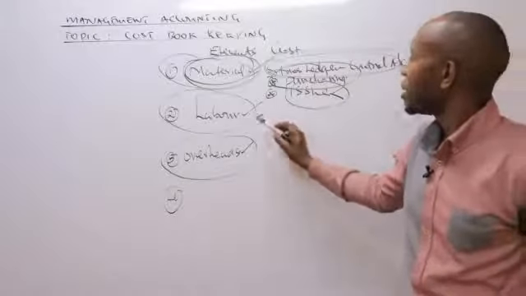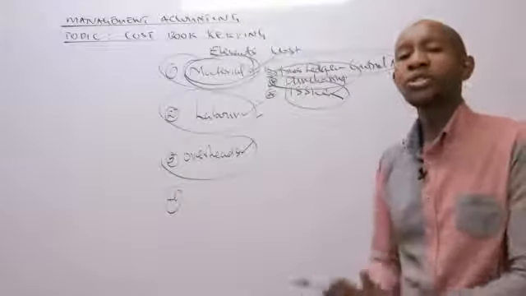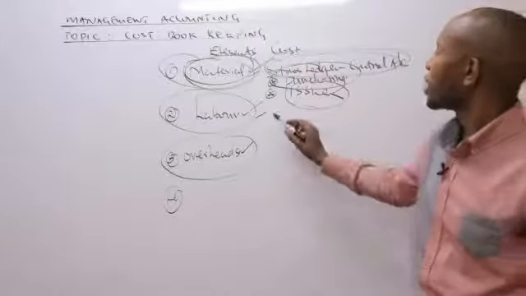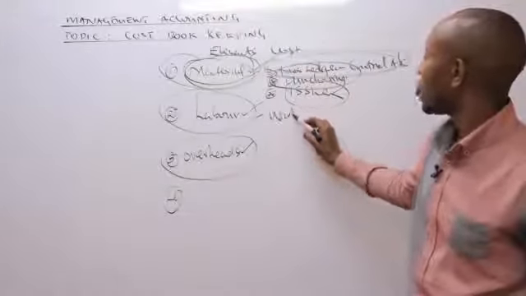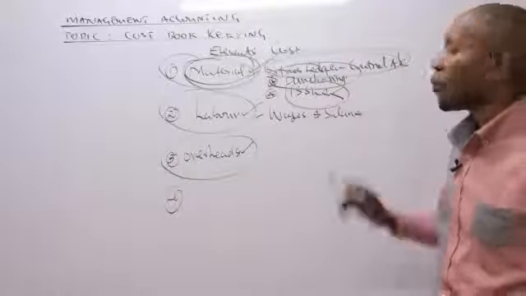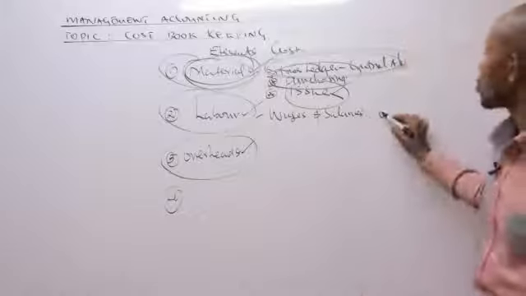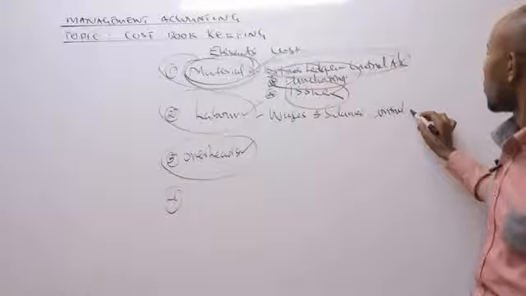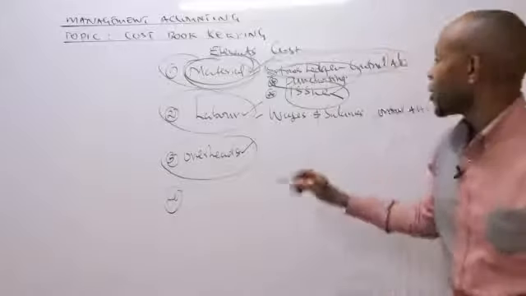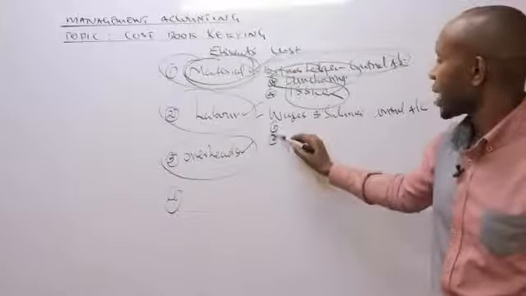Number two is labor. All transactions involving the payment of labor will be recorded in what we call a wages and salaries control account. There will be two transactions again here.